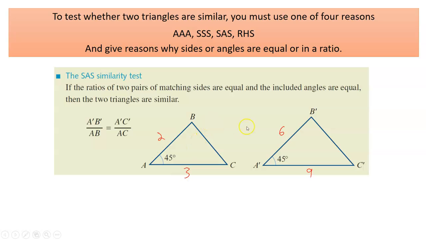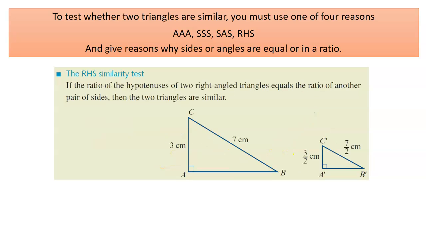So A'B' over AB is the same as A'C' over AC, and the included angle is equal. RHS: ratio of the hypotenuses and one of the other sides, and both have a right angle.